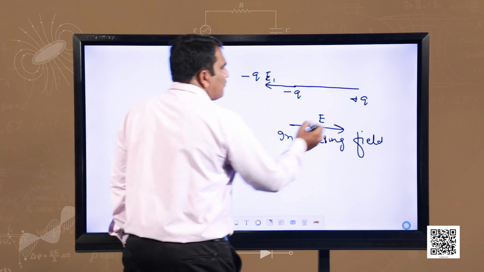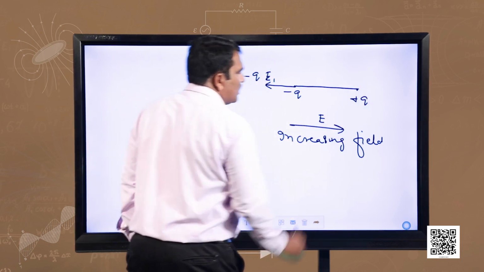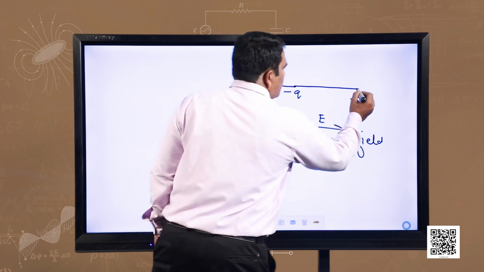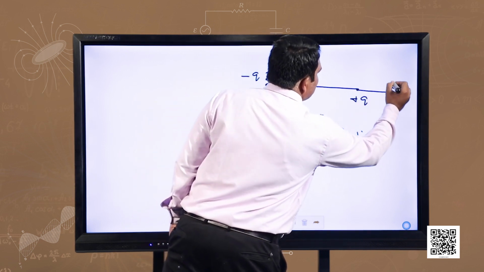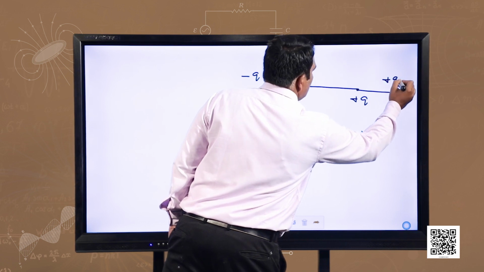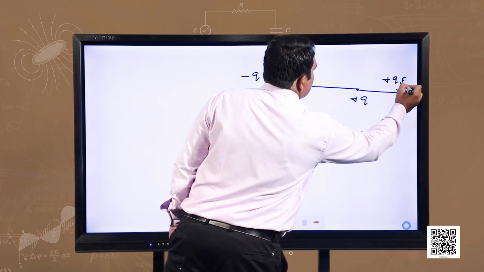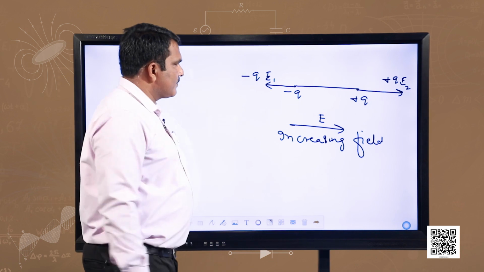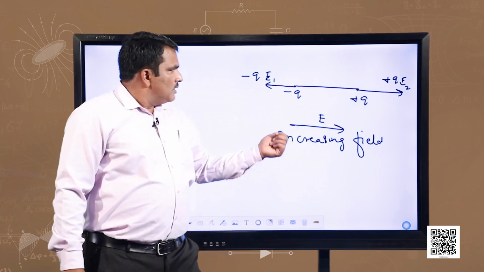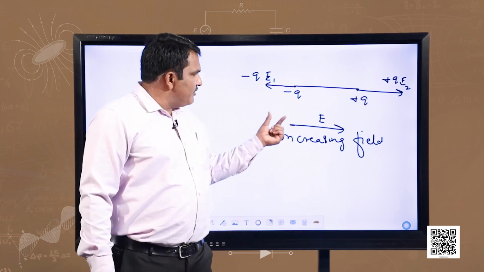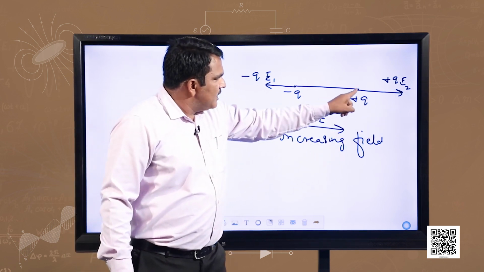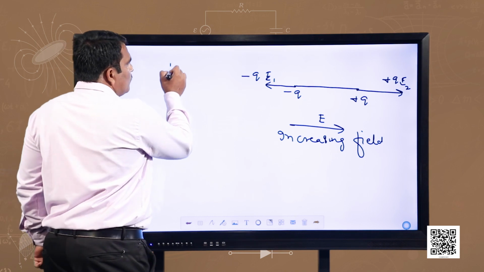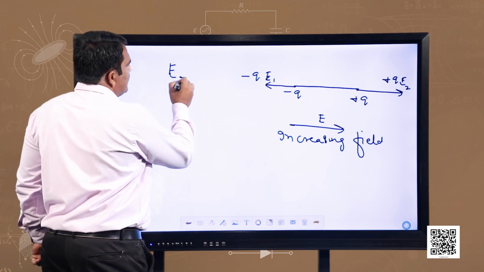And suppose the electric field at this position of plus q is E2. So, the force on plus q charge will be towards right and it will be plus q E2. Because we are going in the direction of increasing field, field is more at E2, that E2 is greater than E1.